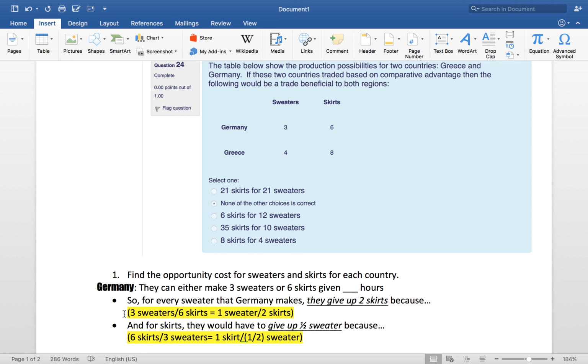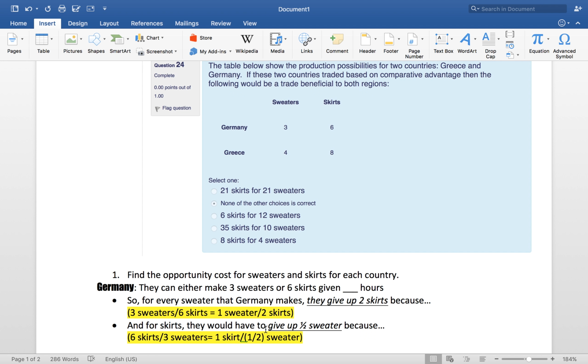So therefore, in order to make just one sweater, to make the numerator 1, we divide by 3. So 3 divided by 3 is 1, and 6 divided by 3 is 2, which gives us 1 sweater and 2 skirts. And we can do the same thing for the skirts as well.